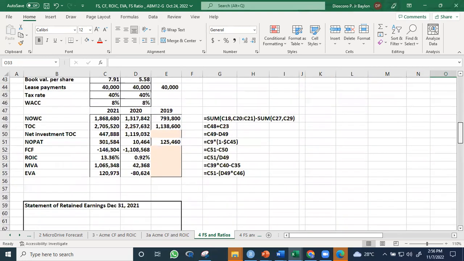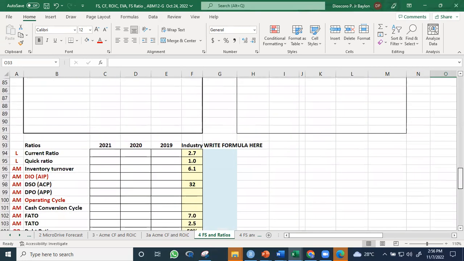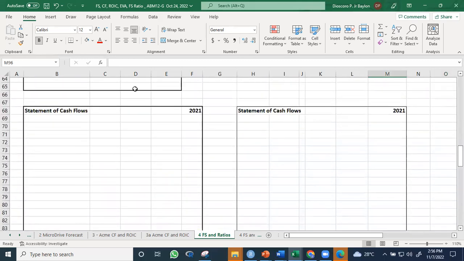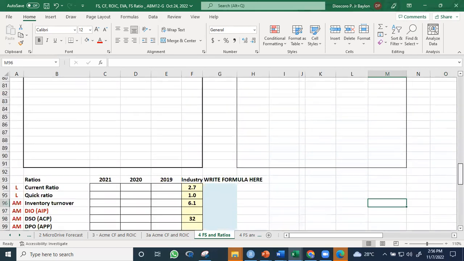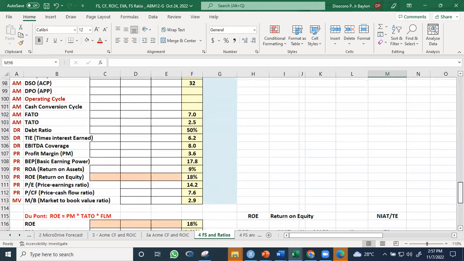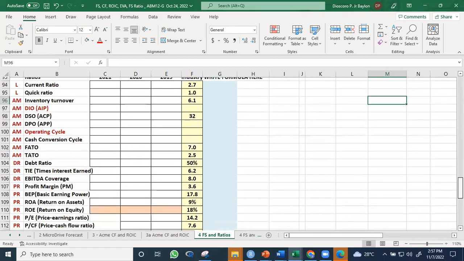Okay, so now let's go to ratio analysis. We have completed the statement of cash flows last time. So let's now go to ratio analysis. And we have here different types of ratios.